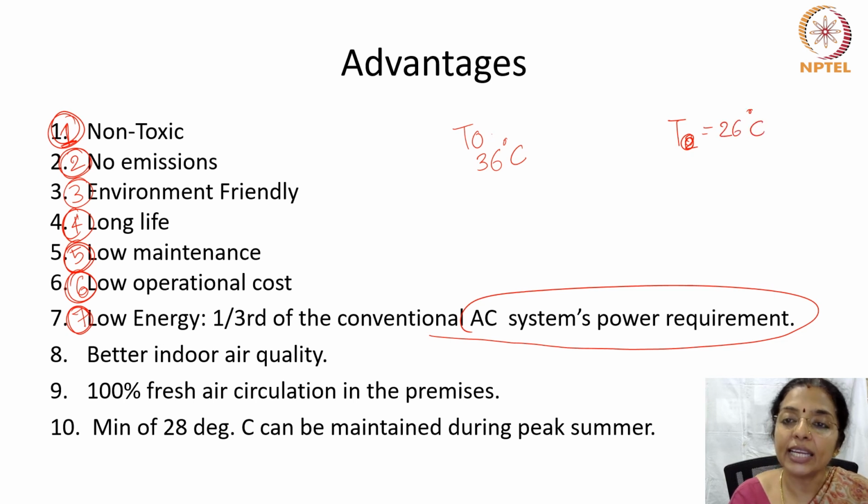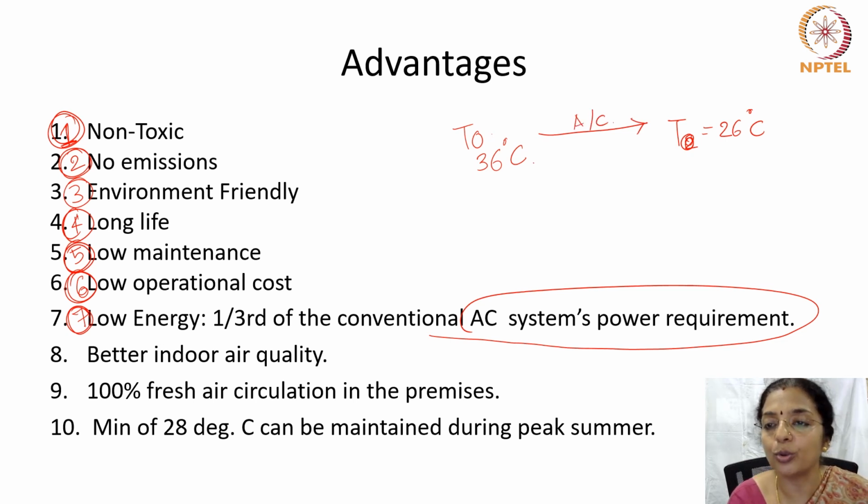If you do not have an earth air tunnel, then the air conditioner will have to convert 36 degrees centigrade into 26 degrees centigrade. But if you have an earth air tunnel, 29 degrees centigrade will get converted into 26 degrees centigrade.